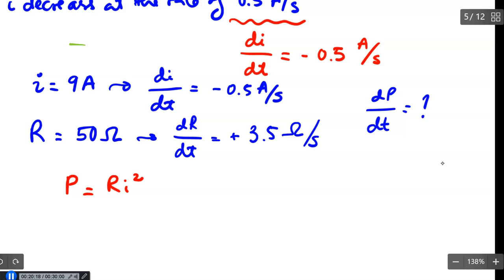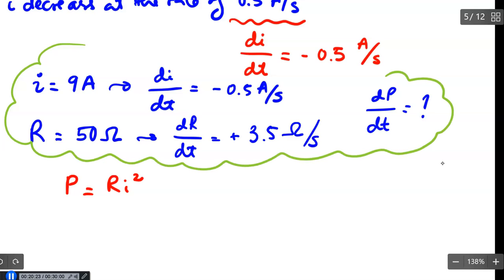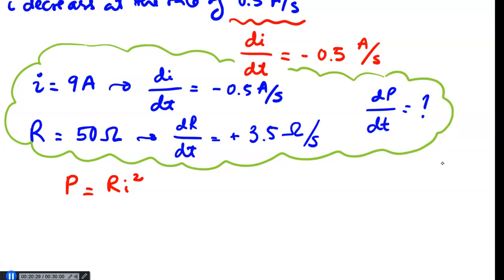In the previous lesson, I showed everyone to put in the fixed values and leave the changing variable alone, because you differentiate according to the changing variable. But in this one, all of these are changing. R is changing, I is also changing. Don't worry about it.